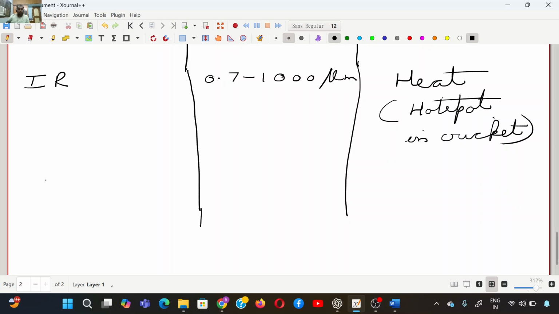What is next? It is microwave. It has a very high wavelength, 1 millimeter to 1 meter.